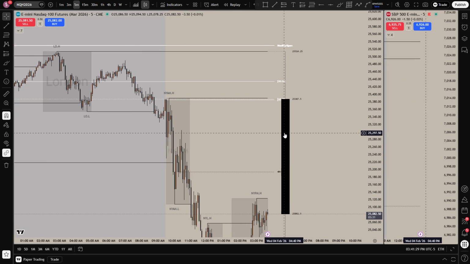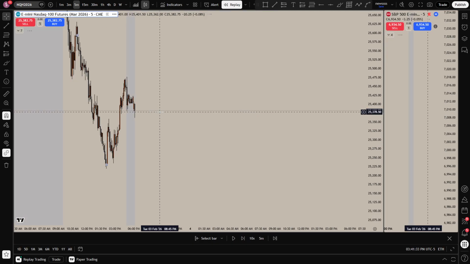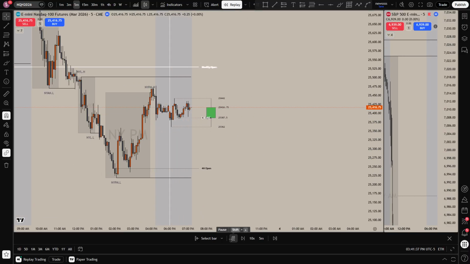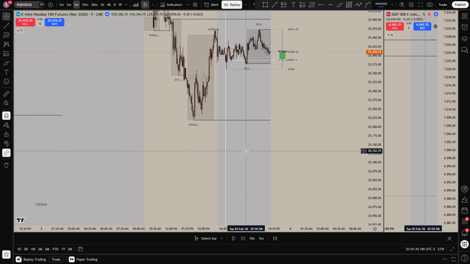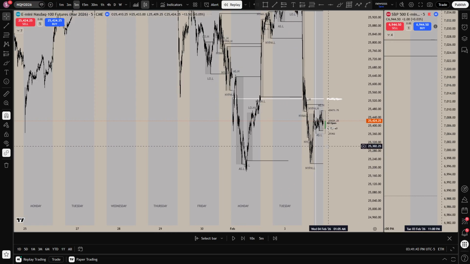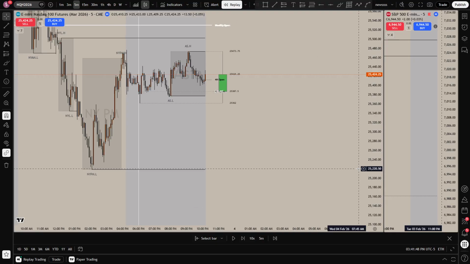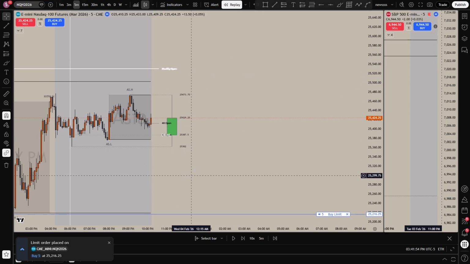For example, we opened last night right here. Let it play out for a while. We're moving up. So most likely our target tonight or tomorrow is probably going to be this low down here, because we have an open, high, low, close and an open, low, high, close.